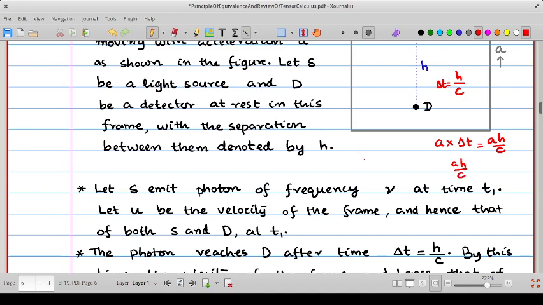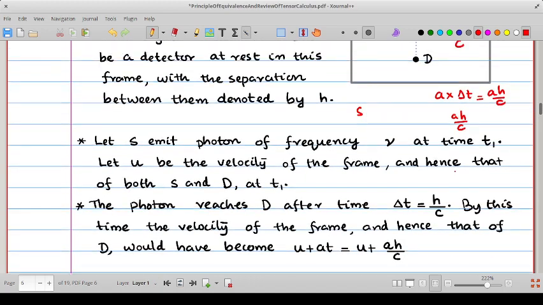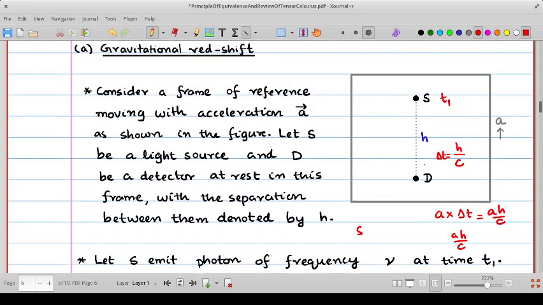So the velocity difference between the source when it emitted the photon at time t equal to t1 and that of the detector at the time the photon reaches the detector is simply ah by c. Now in this case, D is moving towards S.